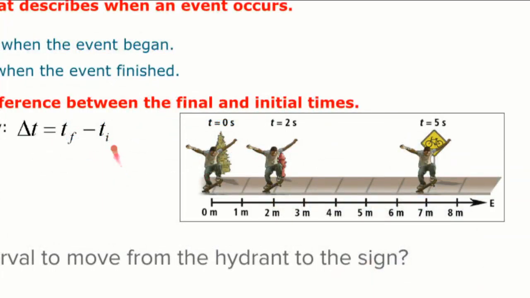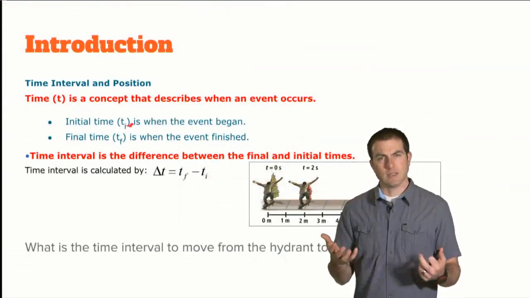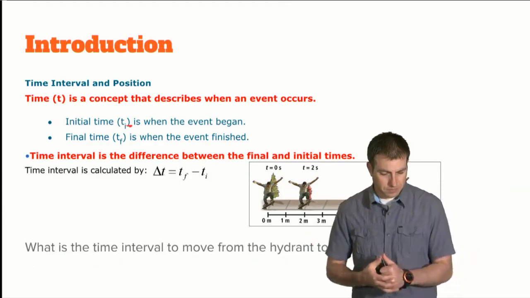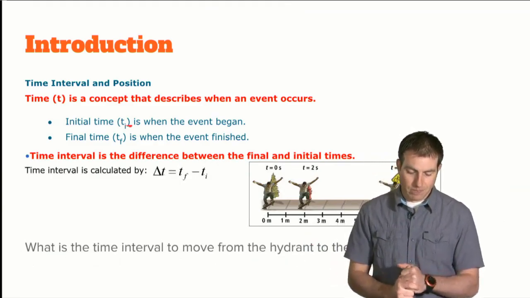Sometimes we'll use a little zero, and it's called T naught or T initial. They mean the same thing, it just depends on who your teacher is and the notation they use. Just a notation thing.